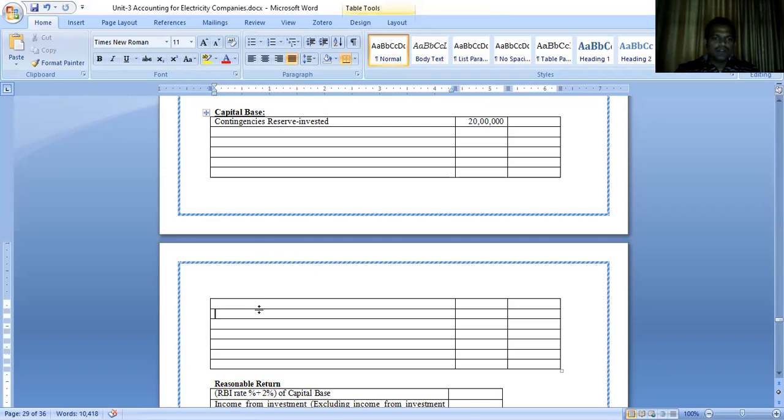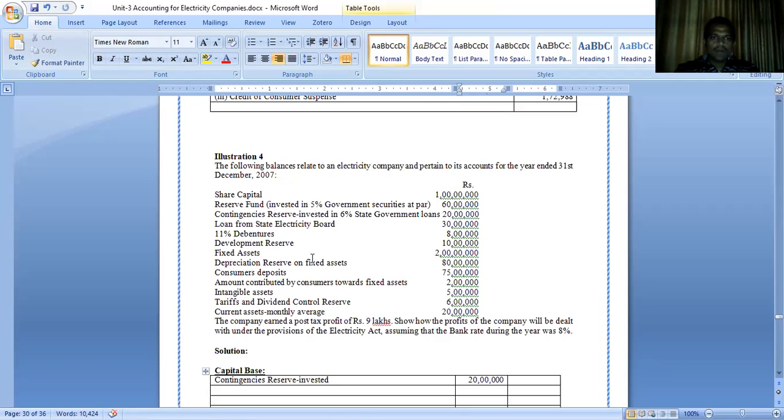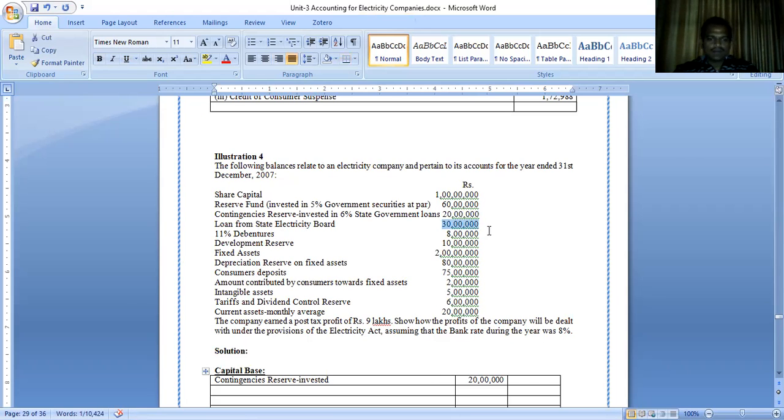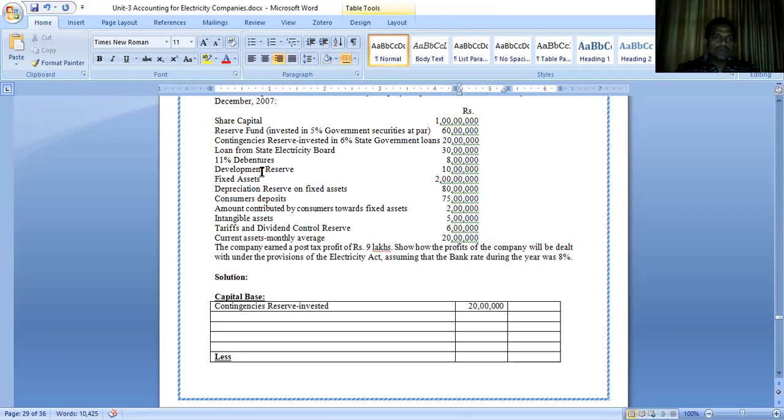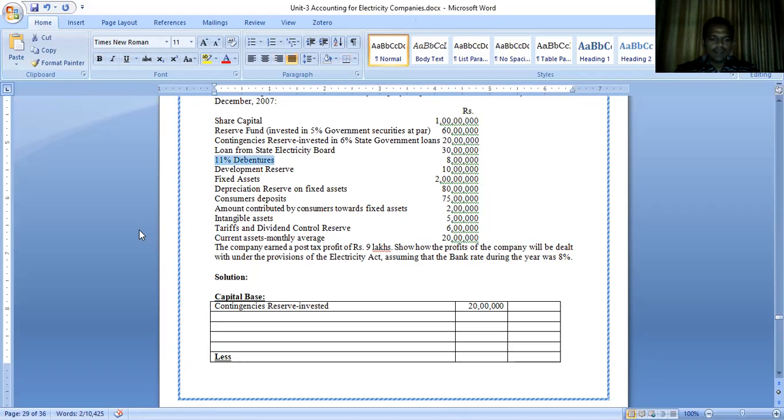So I'll mention the deductible items over here. Loan from State Electricity Board, 30 lakhs. So 11% debentures, 8 lakhs.